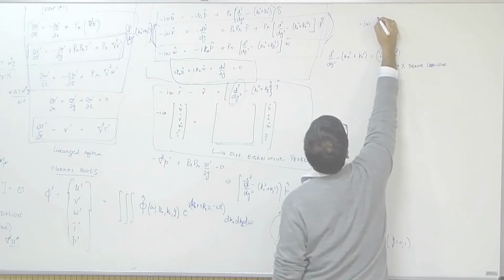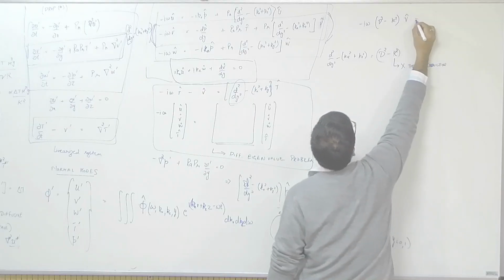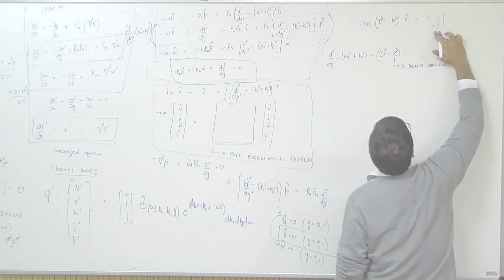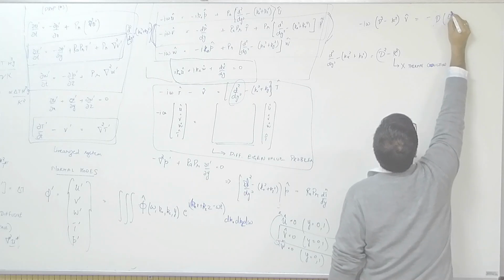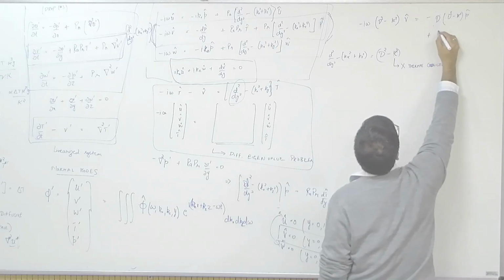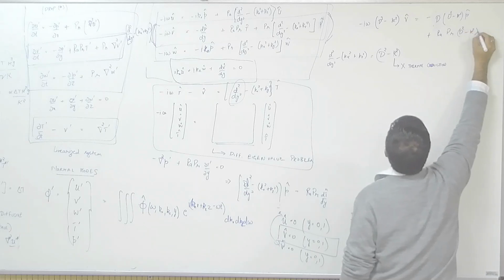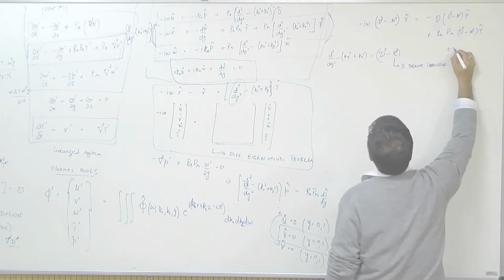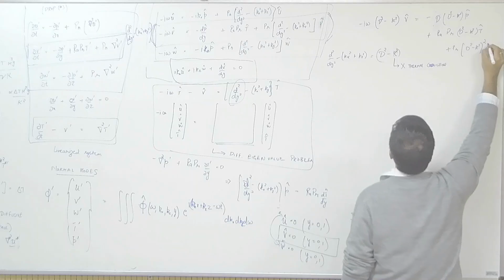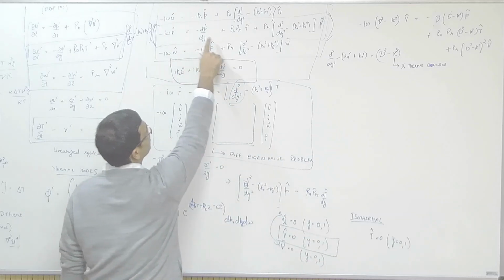So, we have minus i omega (D2 minus k square) v hat equals minus D of (D2 minus k square) p hat plus Ra Pr (D2 minus k square) T hat plus Pr into (D2 minus k square) whole square v hat. This is the equation that you will get when you multiply here.